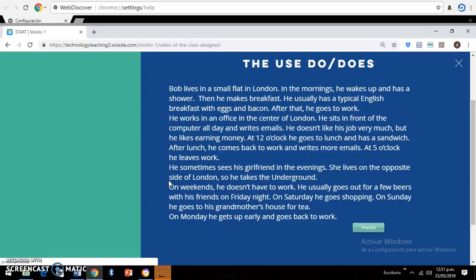Students read the text and identify vocabulary. And practice exercise.